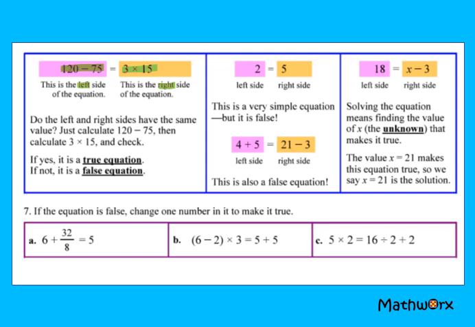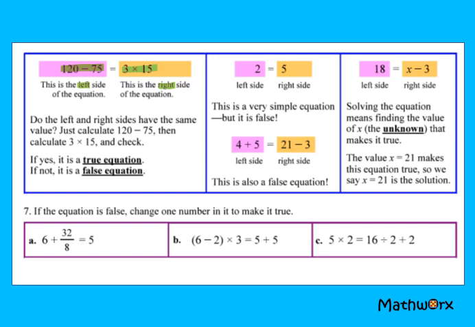Now, we have to ask ourselves the question with equations. Do the left and the right side have the same value? Because only when they have the same value do we know that our equation is balanced. And remember, when we're doing equations, we want the left and the right side to be equal. Now let me get my color and let's work this out quickly.